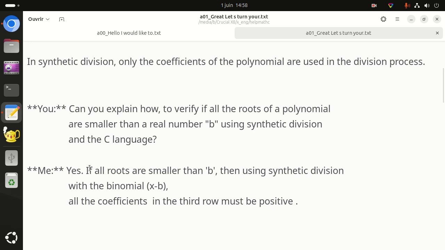Yes, if all roots are smaller than b, then using synthetic division with the binomial x minus b, all the coefficients in the first row must be positive.